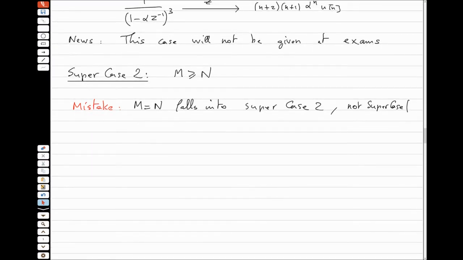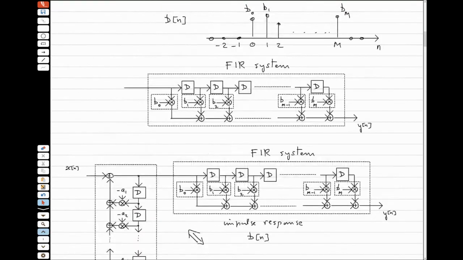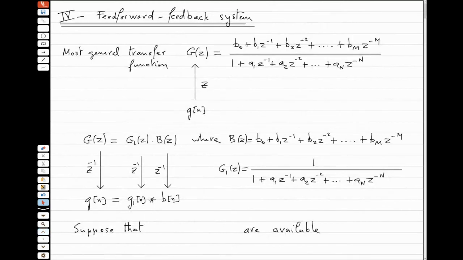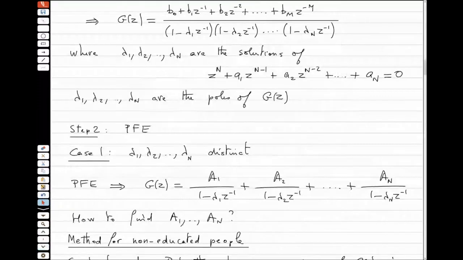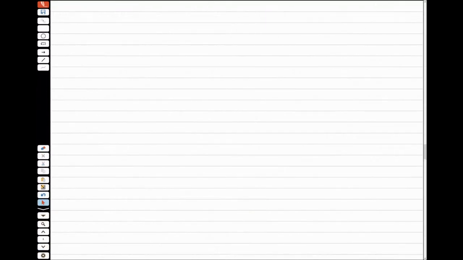Now, super case 2, do you know what you need to do in this case? Can somebody tell me? Nobody? Abdullah, yes? Divide. But what's the purpose of dividing? What's the goal?